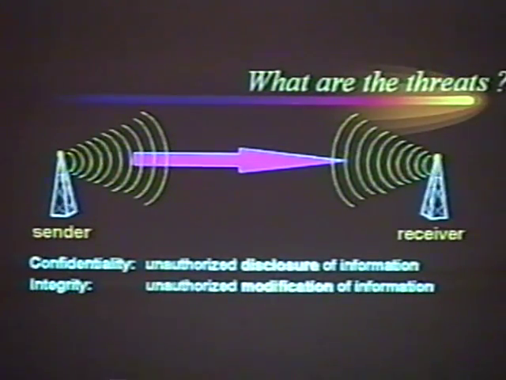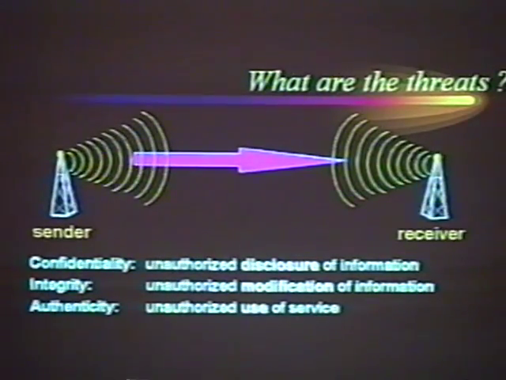A second threat relates to integrity. When there is unauthorized modification of information, your integrity gets lost. And thirdly, with respect to authenticity, unauthorized use of service. These are 3 things that we would like to avoid as much as possible.